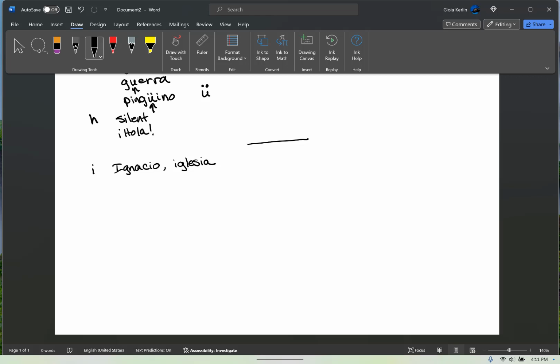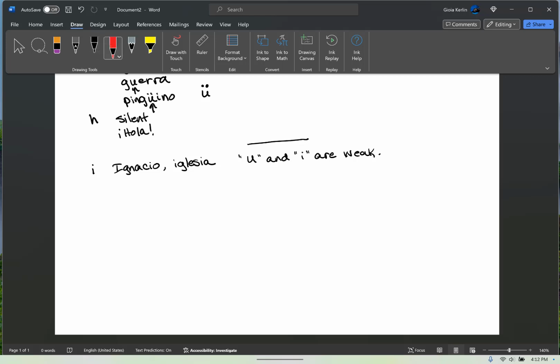But just remember that weak vowels, and there are only two in Spanish, U and I, are weak. Weak vowels in Spanish like to cling on to another vowel that sits beside them.